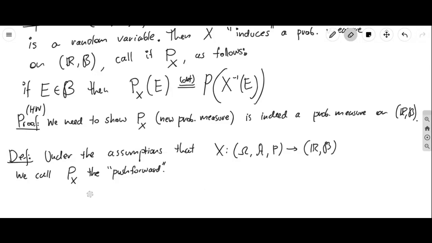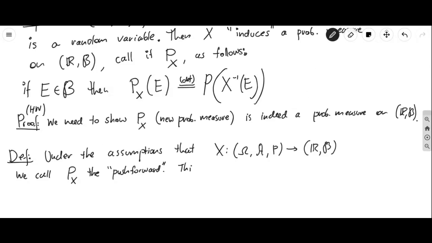It's not one thing. You need a whole list of things: a sample space, a sigma algebra, a probability measure, a random variable. You need all of that. So under all of those assumptions, you can talk about the push forward of this mapping. And so you end up creating a probability measure over here.